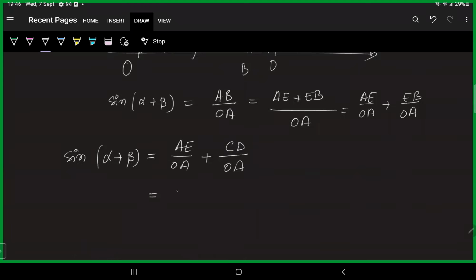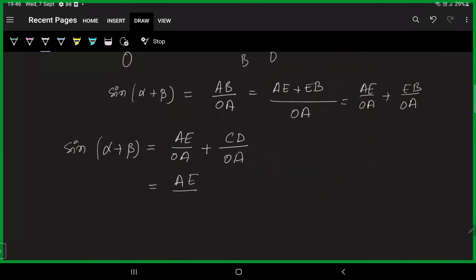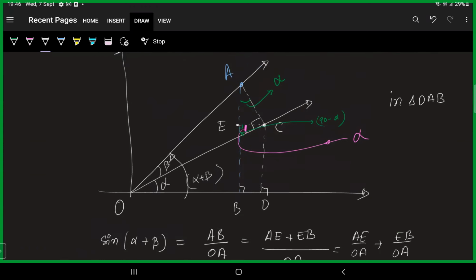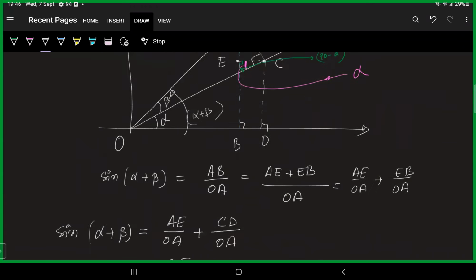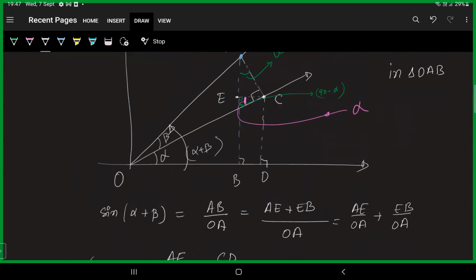So what we'll do, we'll write AE upon OA. Because we need sine alpha, we are looking at the triangle OAE.